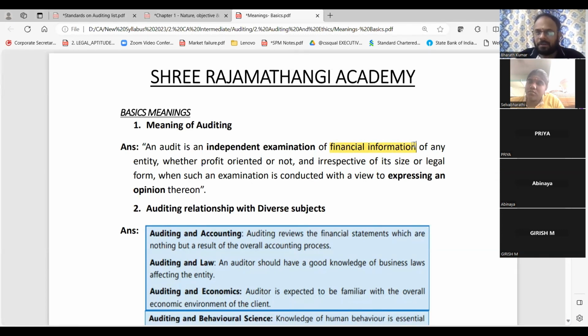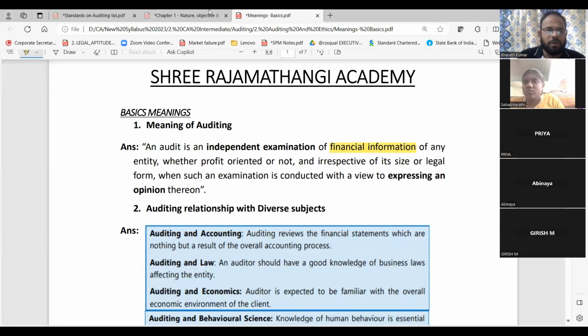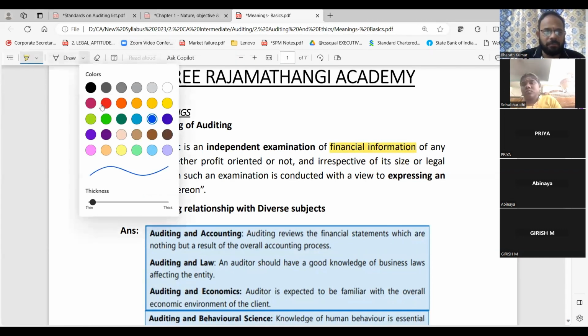A financial statement is a structured representation of financial information. See the connection. Now I talked about section 2 subsection 40, section 129, connecting accounting and auditing standard, all that is fine. I am not talking about financial statement here. I am talking about financial information here.